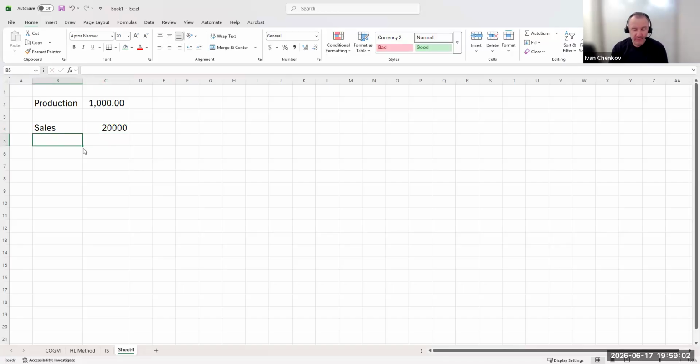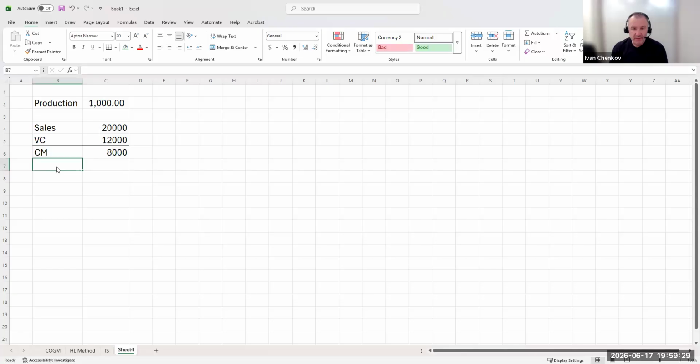Our variable expenses, variable cost is 12,000. Then contribution margin obviously will be 8,000. That will be pretty much impossible to calculate, but if you have a calculator in your hands, that should be straightforward. 20 minus 12 is always going to give you 8.